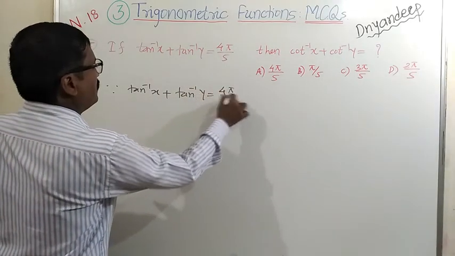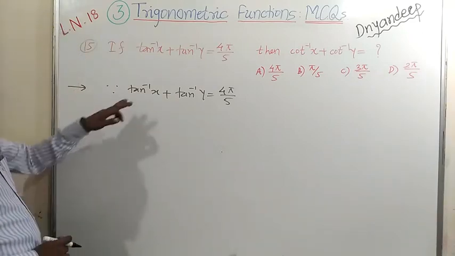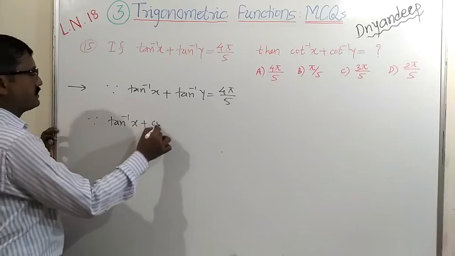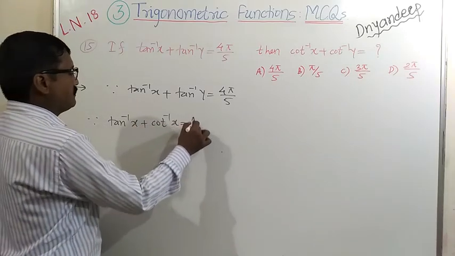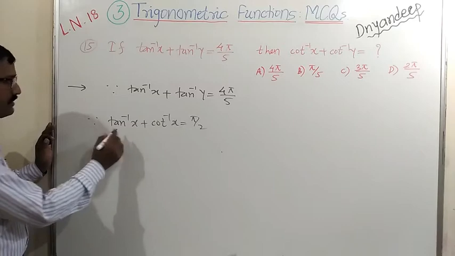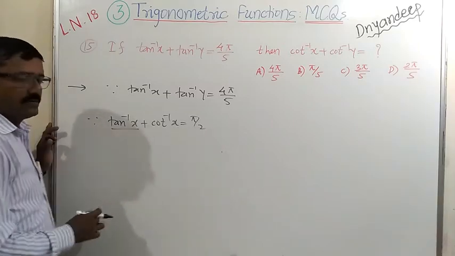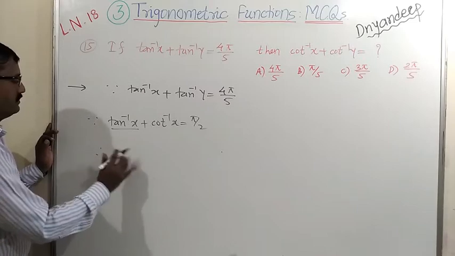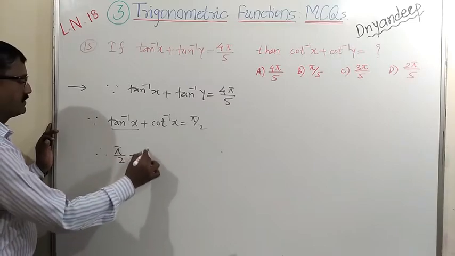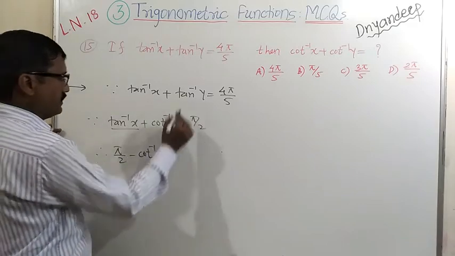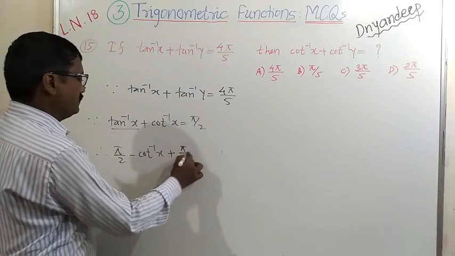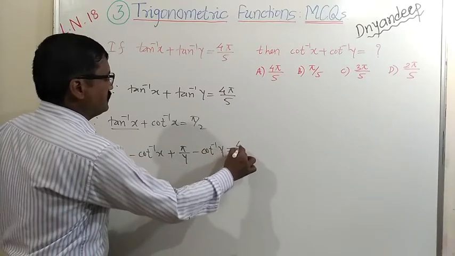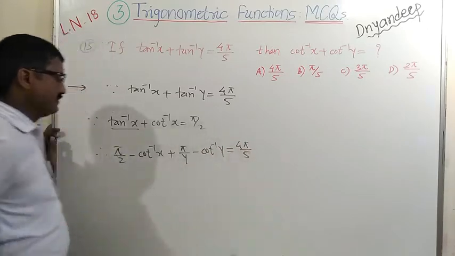Since given tan inverse x plus tan inverse y is equal to 4 pi by 5, we know the relation, that is tan inverse x plus cot inverse x is equal to pi by 2. Therefore, tan inverse x equal to pi by 2 minus cot inverse x. Let us put here. Therefore, we get pi by 2 minus cot inverse x. Similarly, for tan inverse y, we get pi by 2 minus cot inverse y, equal to 4 pi by 5.